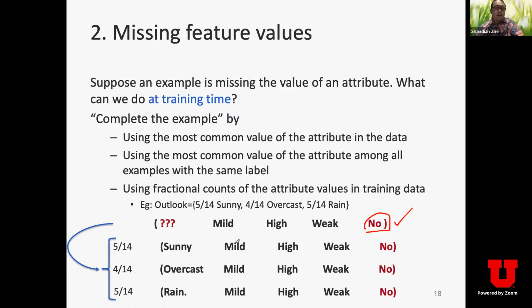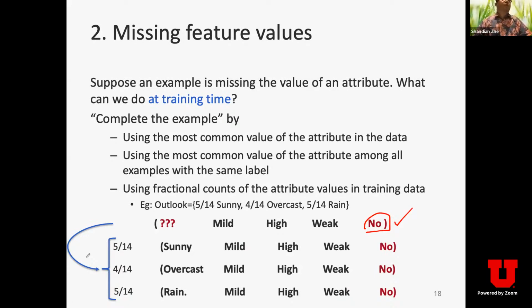So you can see that overall it doesn't change the total count of examples, because when you add up the fractions of the 3 examples, it will just give you 1. So overall, you're gonna have 15 examples, but I'm gonna break this single incomplete example into 3 complete yet fractional examples.